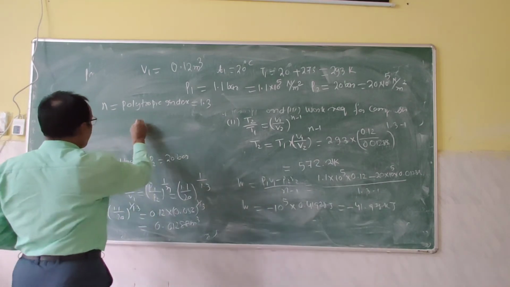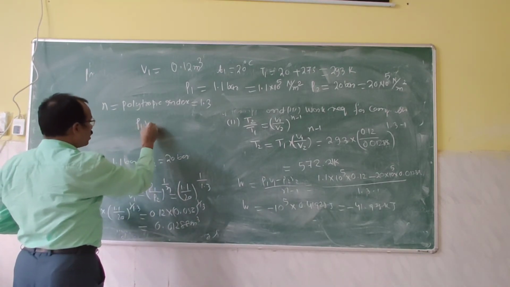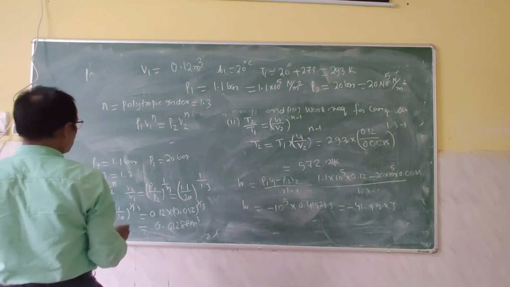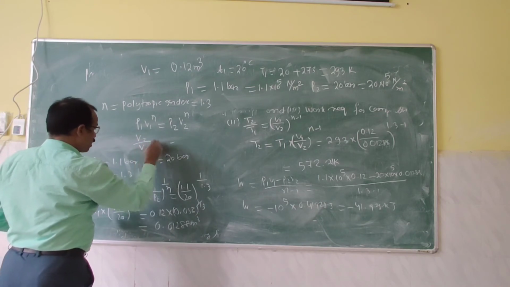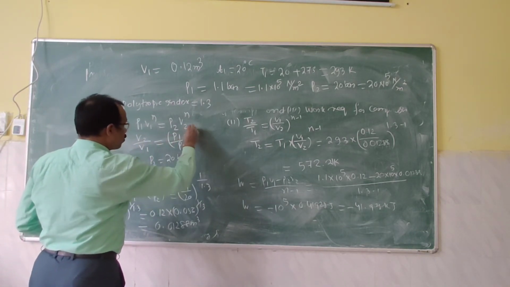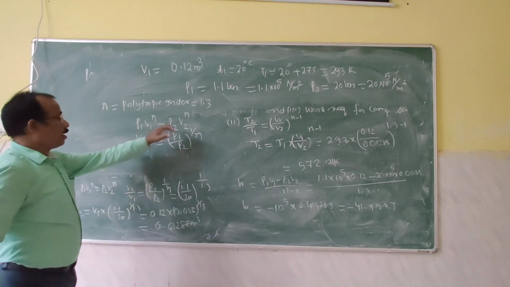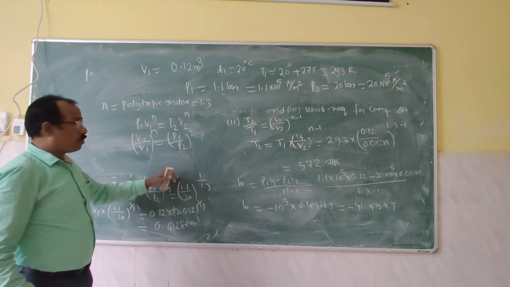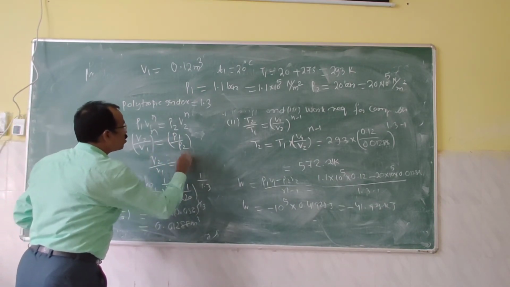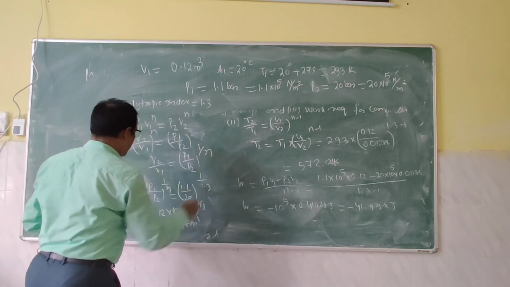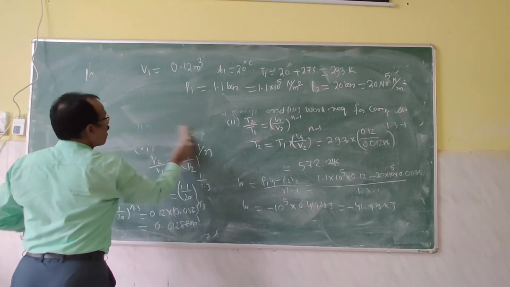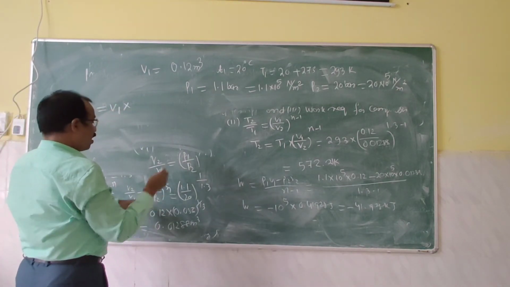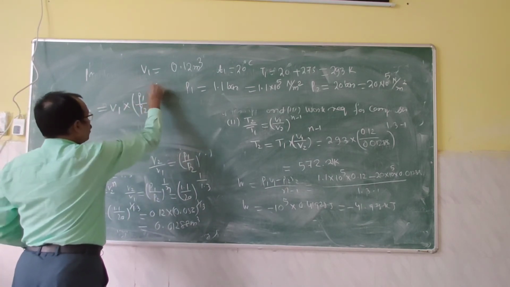You know that from polytropic process P1 V1 to the power n is equal to P2 V2 to the power n, or (V2 by V1) to the power n is equal to P1 by P2, or V2 by V1 is equal to (P1 by P2) to the power 1 by n, or V2 is equal to V1 into (P1 by P2) to the power 1 by n.